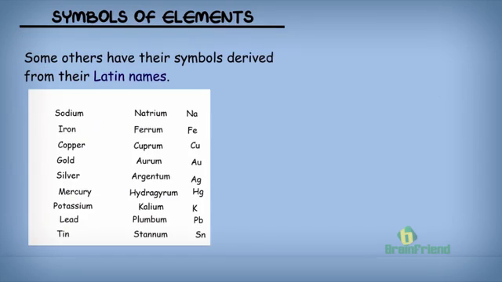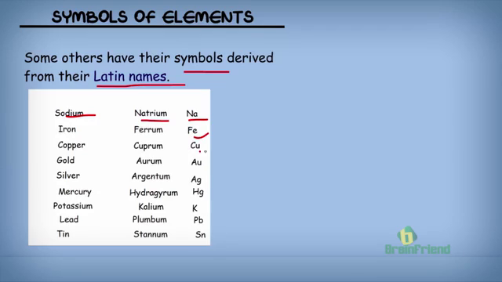And then we now say that some other elements have their symbols derived from their Latin names. It means that these elements have a Latin name, and from this Latin name, we can derive their symbols. For example, sodium. Sodium has the Latin name natrium, and from this Latin name, we derive the symbol Na.